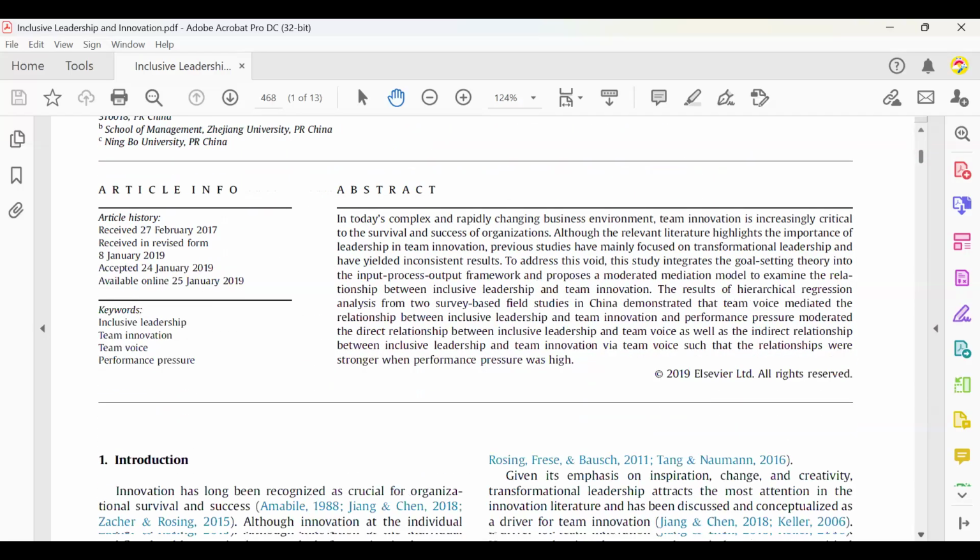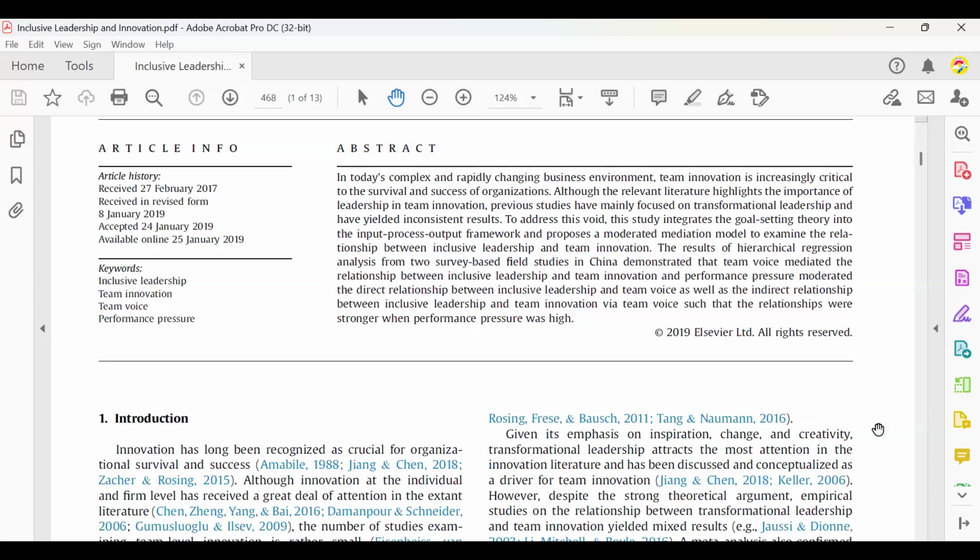Now we go to the abstract. And we see that there is a background given for the study. We also see that a moderation mediation model is being used to examine the relationship between inclusive leadership and team innovation.